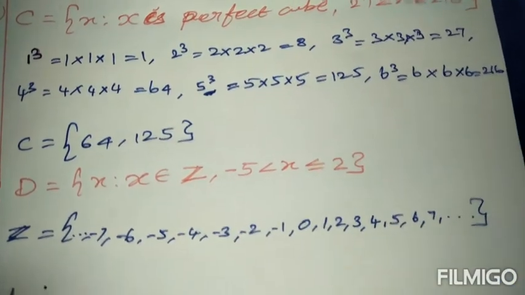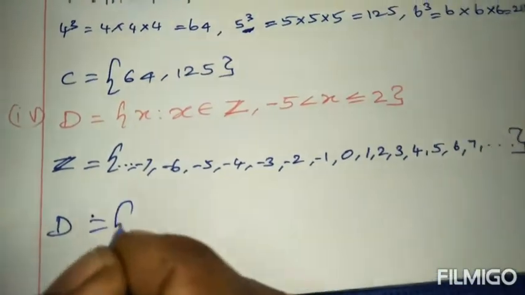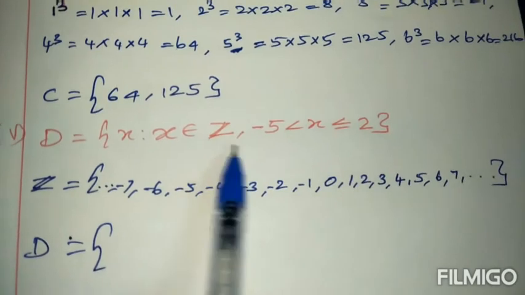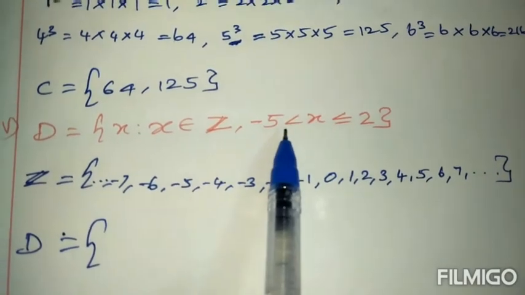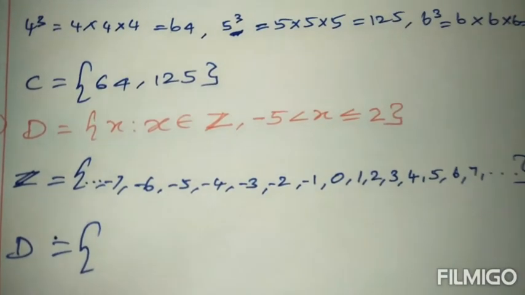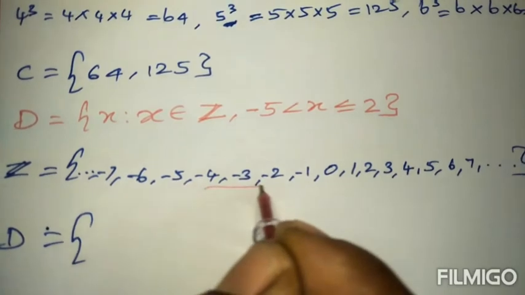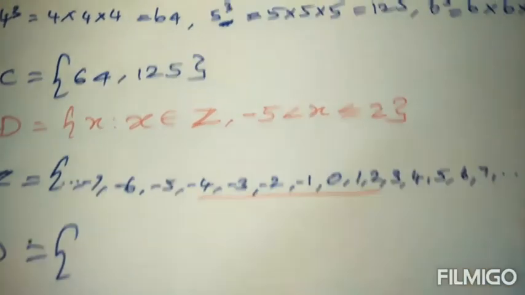Now we need the set D is equal to the elements x is greater than minus 5, x is less than or equal to 2. That means we have to write from greater than minus 5, which is minus 4, up to 2.